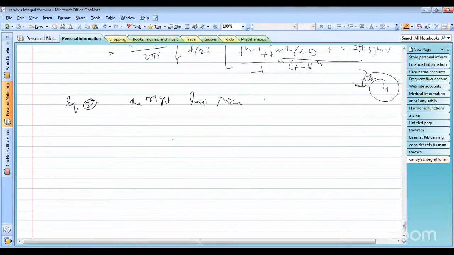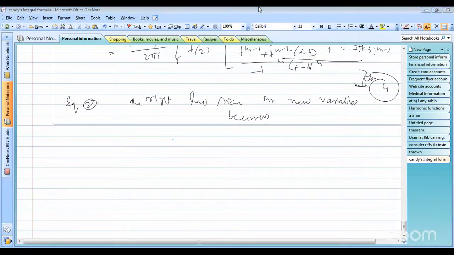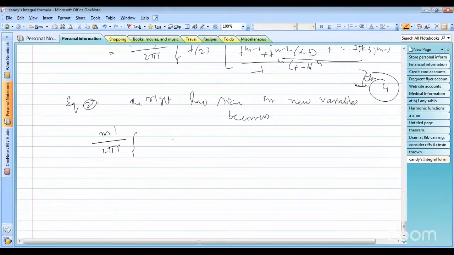In a new variable, it becomes m!/(2πi) times the integral over gamma of f(z)/(z-z0)^(m+1) dz.